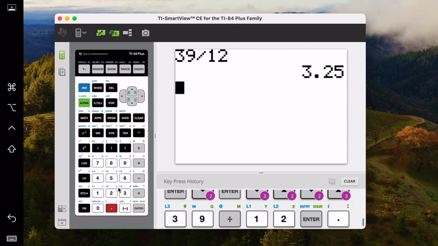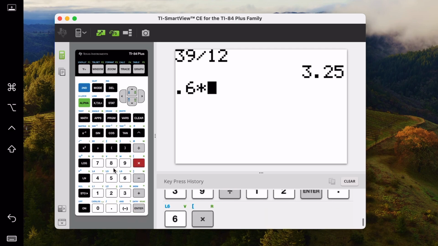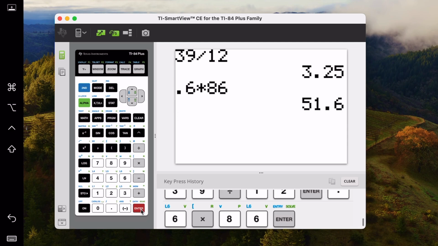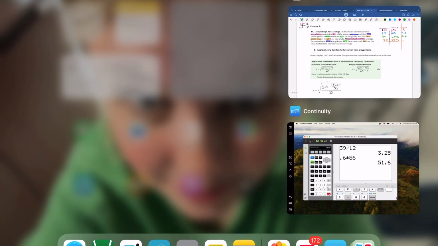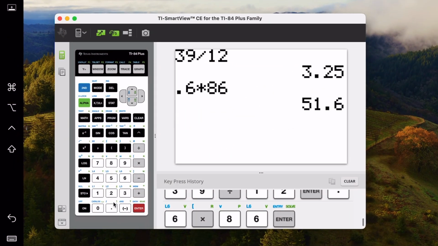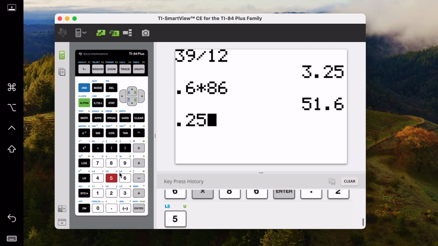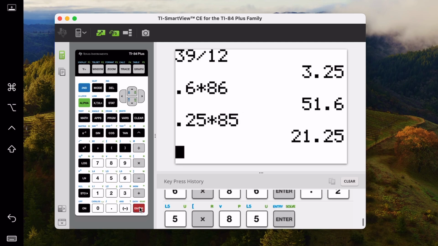So I do 0.6 times 86. And that is 51.6. So I got 51.6 points towards my final grade from the exams. And then last but not least, the last 25% was from that 85. So I do 0.25 times 85. And I got 21.25 points.